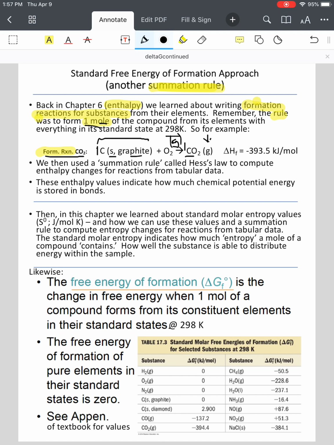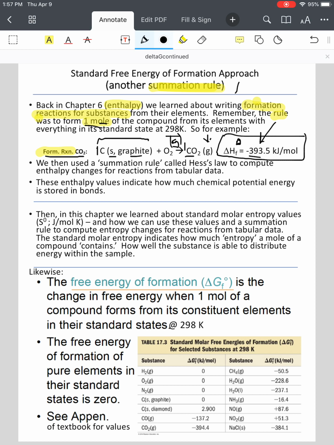Now, if I do that, the standard enthalpy of formation for CO2, this is my 0 here because it should be a standard molar enthalpy, is negative 393.15 kilojoules per mole. Now, I can look up that number in a table of standard formation enthalpies.